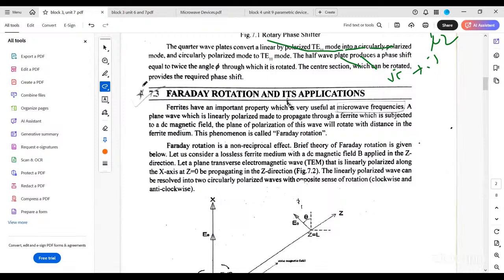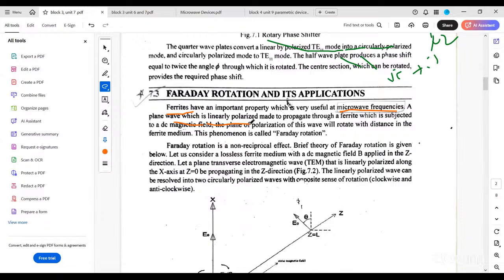Where are we using this one? Ferrite material has important applications in microwave frequencies. A plane wave, which is a TE11 wave, a plane linearly polarized wave, is propagating in the medium and passing through ferrite material. In between, we have ferrite material.